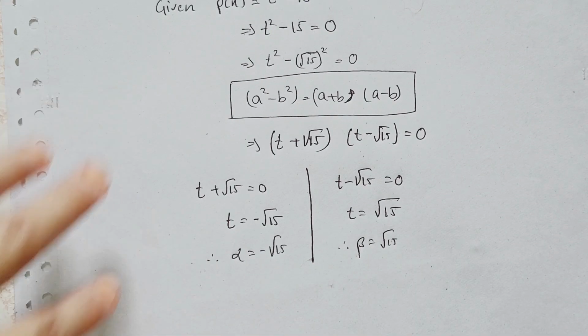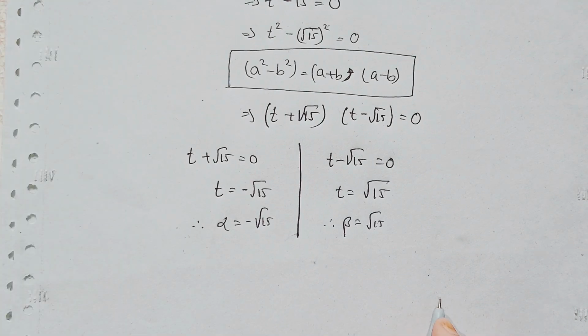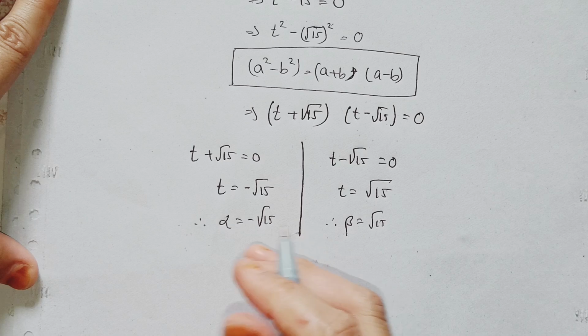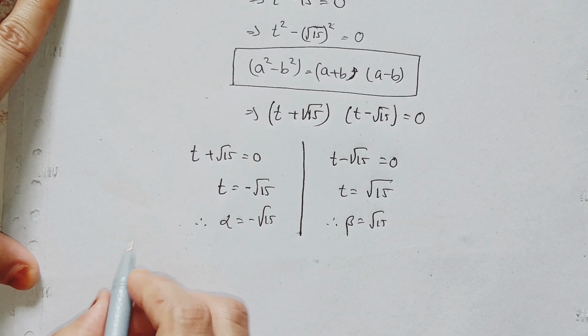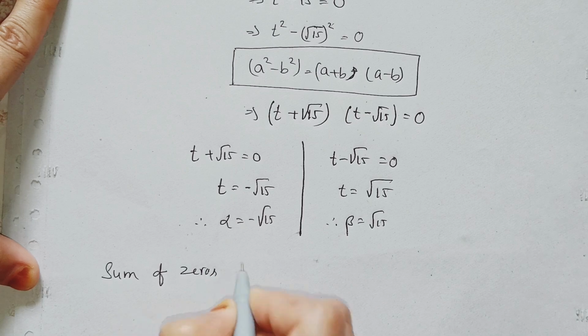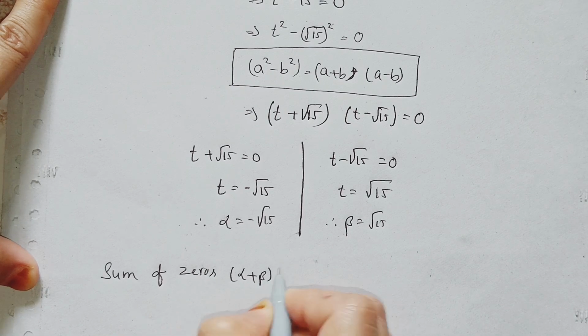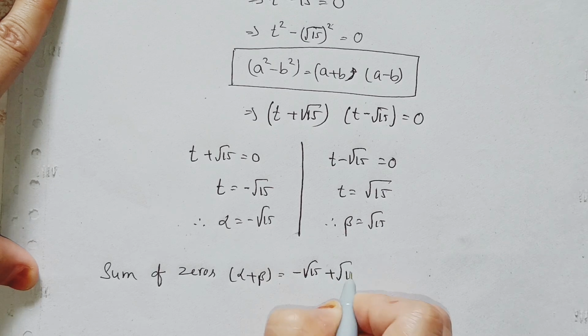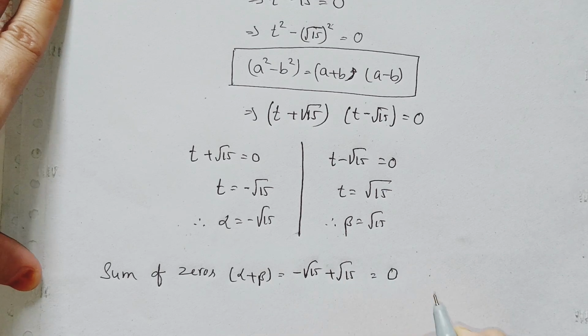These two are the zeros. Now we'll find out the sum of zeros and product of zeros. Sum of zeros, which is alpha plus beta, equal to minus root 15 plus root 15, which is 0.